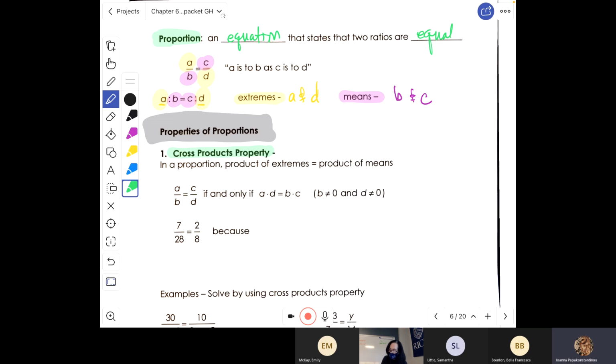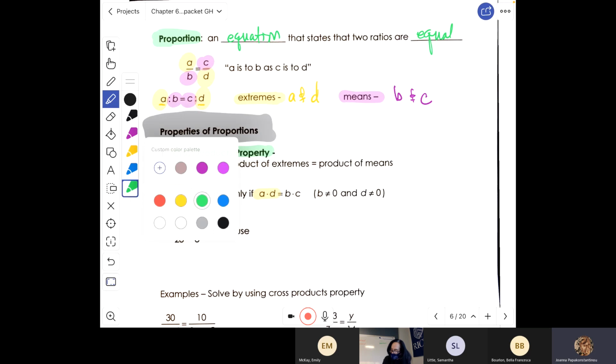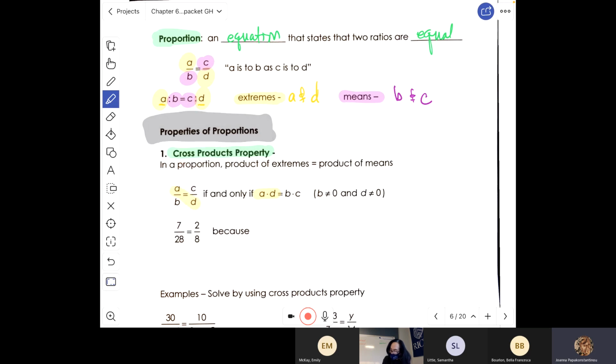So here I have my ratio. This is true. These two ratios are equivalent. This proportion exists if and only if AD equals BC.